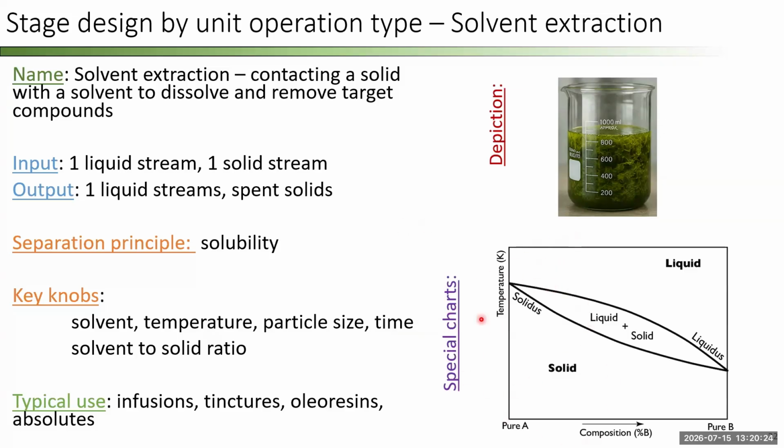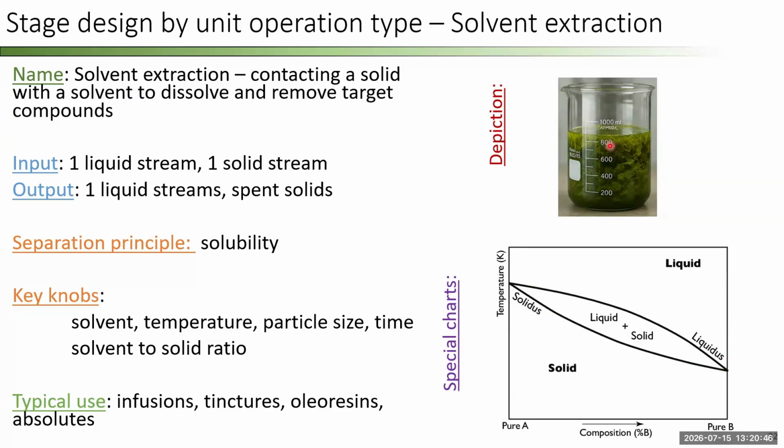I'm going to have a key diagram which looks very familiar to you from the liquid gas equilibrium. Here we can think about this where all of our compounds are sitting in the solid phase, and over here we have pure maybe solvent.